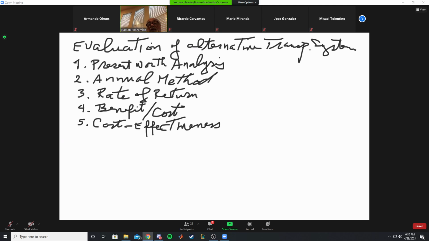The first thing I want to talk about is that for everything that we do, there will be interest involved. There are 2 ways of calculating interest. One is simple interest, and the next one is compound interest.